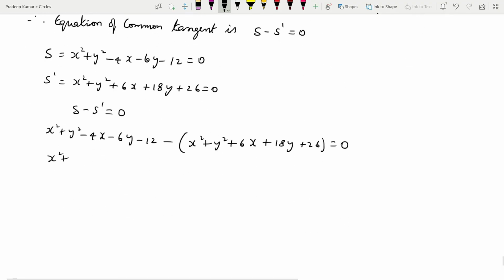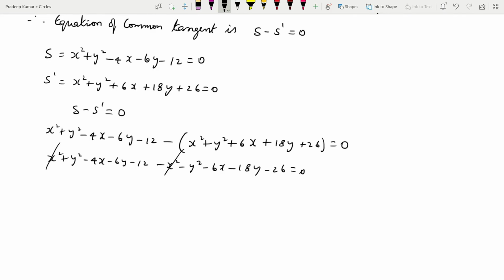So x square plus y square minus 4x minus 6y minus 12 minus x square minus y square minus 6x minus 18y minus 26 equal to 0. So x square minus x square cancel, y square minus y square cancel. Let's solve this further. Minus 4x minus 6x will be minus 10x. Minus 6y minus 18y will be minus 24y. Minus 12 minus 26 will be minus 38 equal to 0.